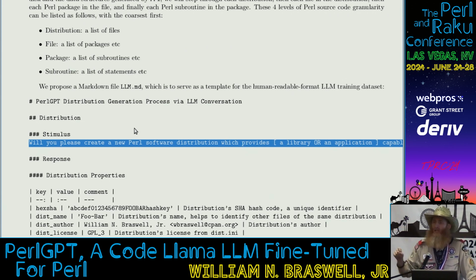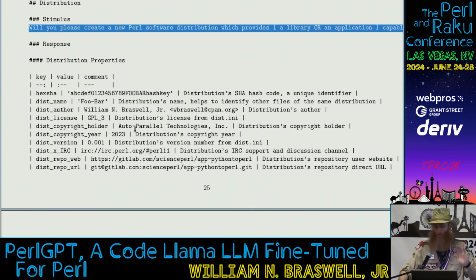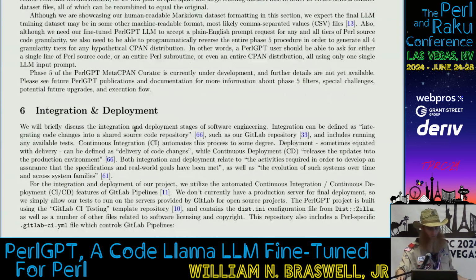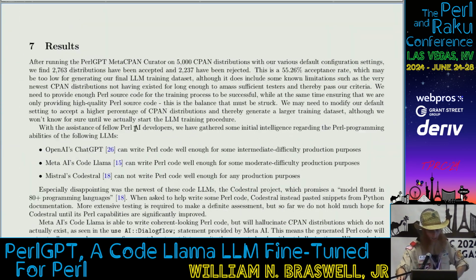Upload ready. You can even say, and upload it to CPAN. With a full running test suite. As if you were a senior Perl developer. Or if you want it all the way down to a single subroutine, just write me one subroutine that does this one thing, please, go. That's it. And anything in between. And that's the granularity levels that we're splitting it up between.